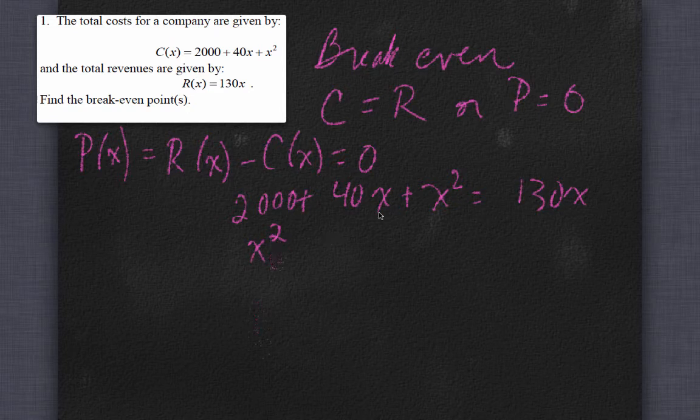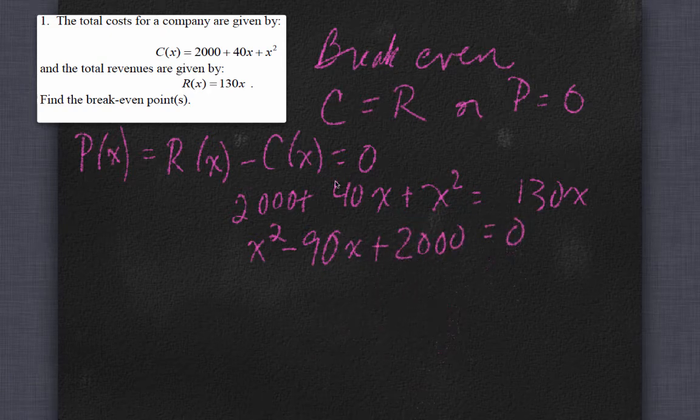So x squared plus 40x minus 130x plus 2,000 equals 0. I've rewritten it in the normal form you're used to looking at so that we can think about factoring. You can also use the quadratic formula. You could also use your calculator to solve for zeros. This one's not so bad, so I'm just going to go ahead and factor it.